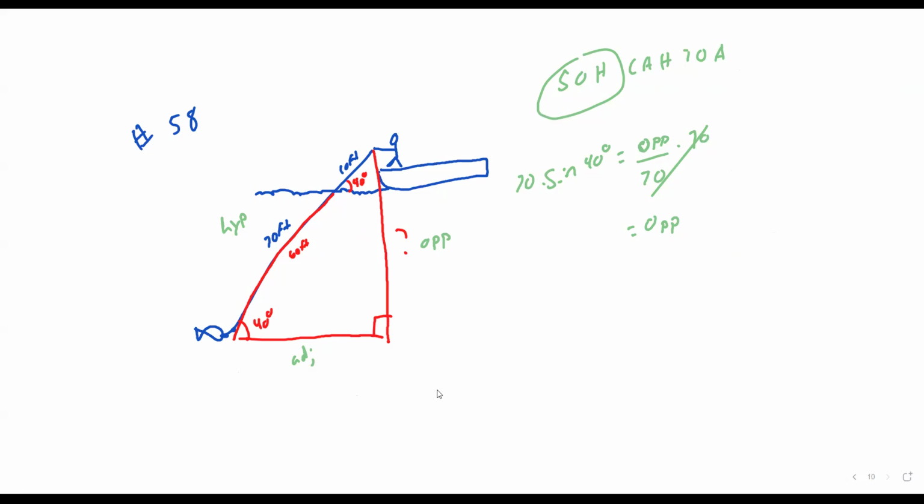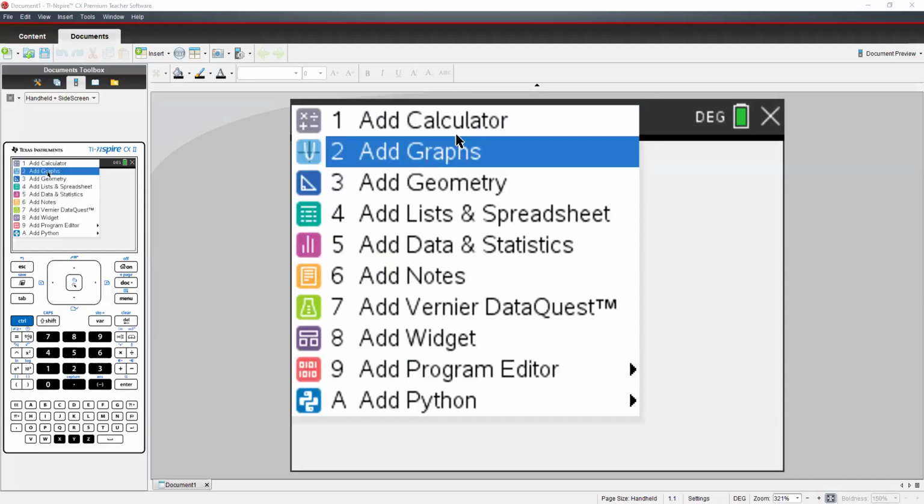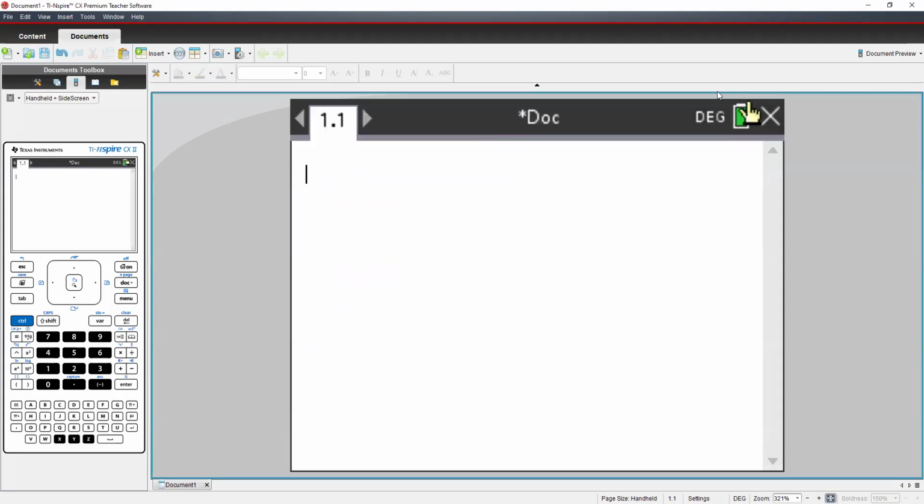But when using your Inspire, there is one thing you do need to keep in mind, especially when dealing with trigonometry. So let me switch over here. Okay. So in your calculator with an Inspire, there's this thing right over here that says degree and radians. You can just click on it and it changes it automatically.